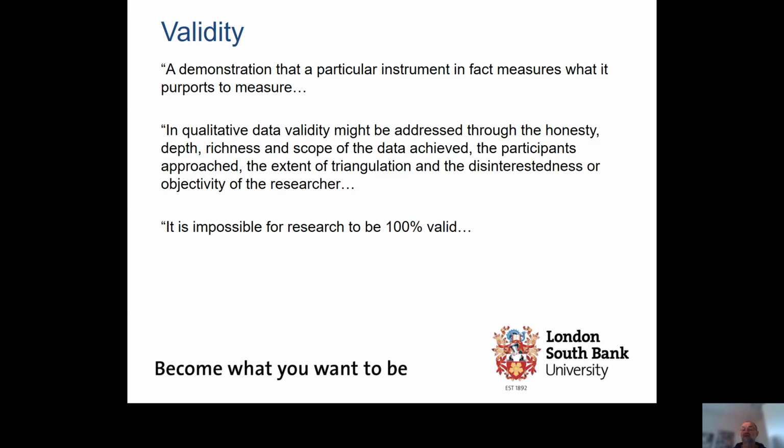It is impossible for research to be 100% valid. So the point here is, even if you've got an amazing research instrument, you've thought of it very, very carefully, it's not possible for that instrument that you've used, that method that you've used, to absolutely 100% measure the thing that you were trying to measure.